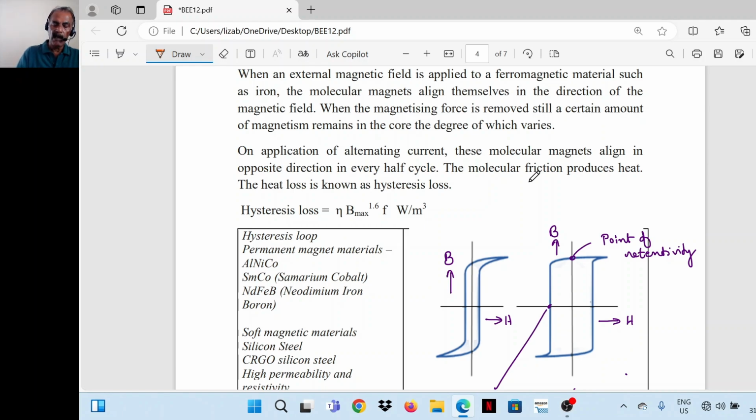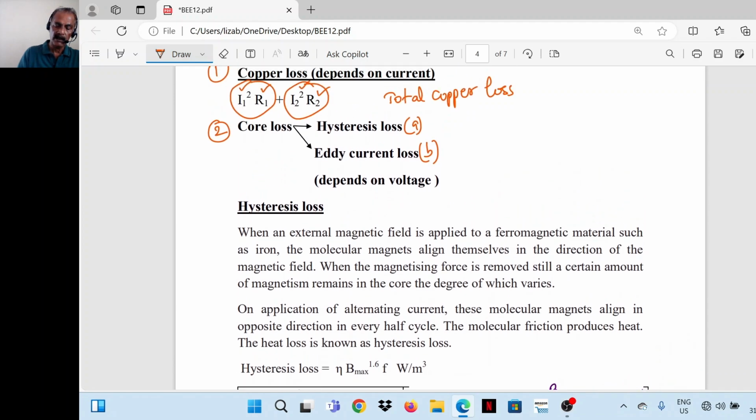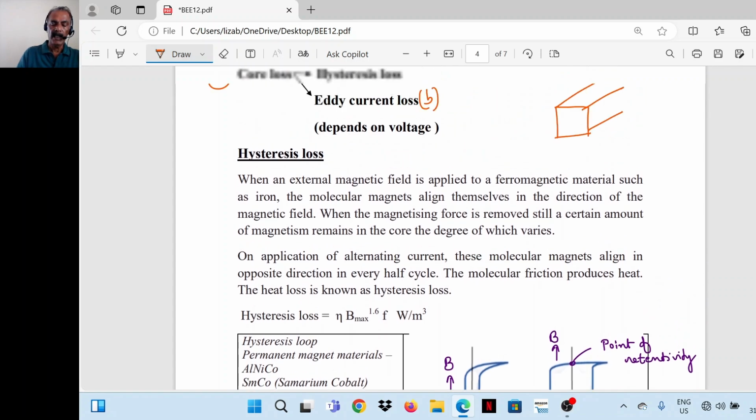We use a ferromagnetic material for the construction of the transformer core. So when it is subjected to a magnetic field, the molecular magnets in the material will align themselves with the magnetic field.